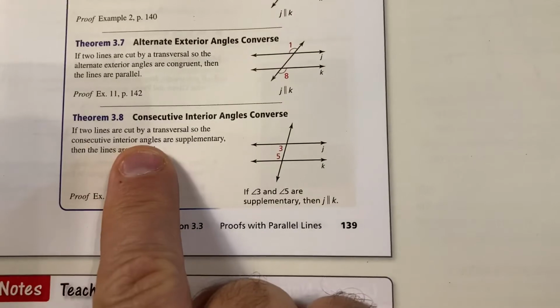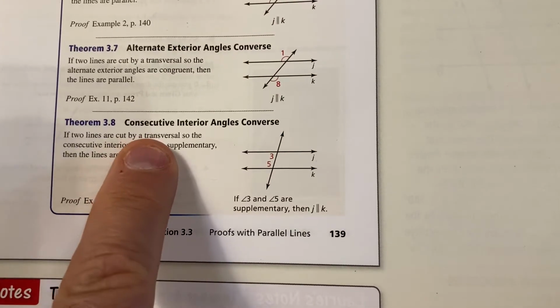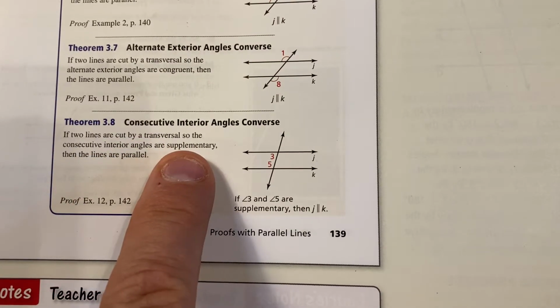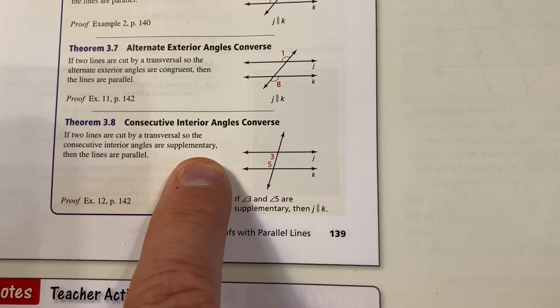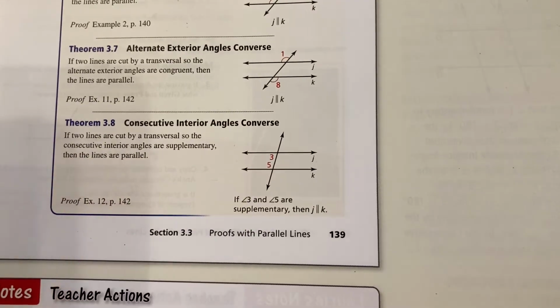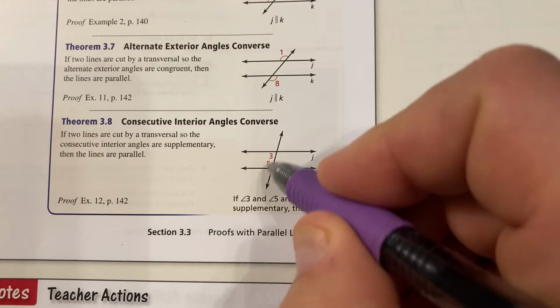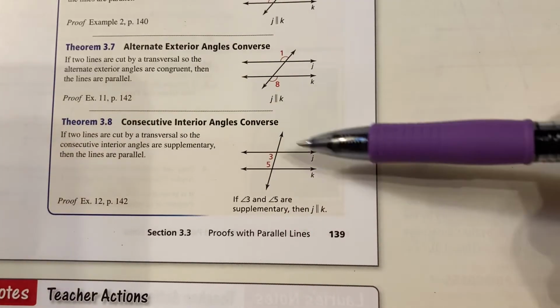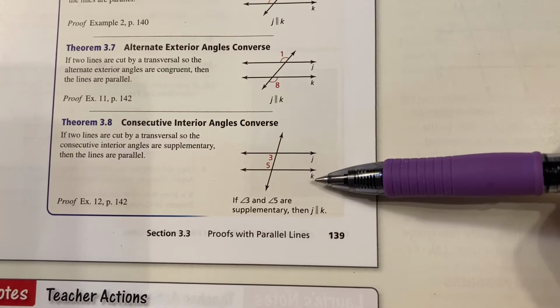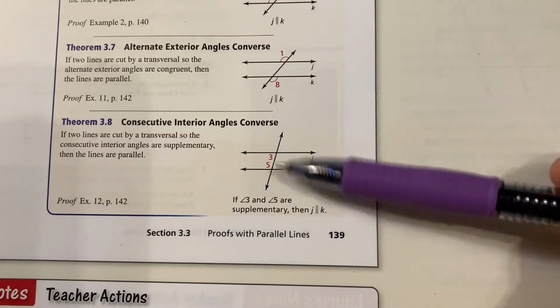So, converse theorem. Here's 3.8 right here. It's on page 139. If two lines are cut by a transversal so the consecutive interior angles are supplementary, then the lines are parallel. So if angle 3 and angle 5 are supplementary, then line J and line K are parallel.